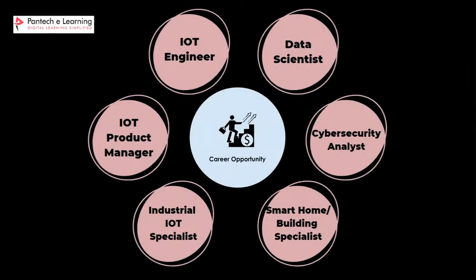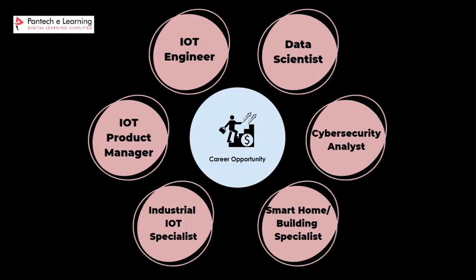Studying IoT can open a wide range of career opportunities in various industries. Here are some areas where you could potentially work after studying IoT. First one is IoT engineer. So you could work as an IoT engineer, designing and developing IoT systems. And coming to data scientist, with expertise in IoT and data analytics, you could work as a data scientist analyzing data which is collected from IoT devices to derive insights and drive business decisions.